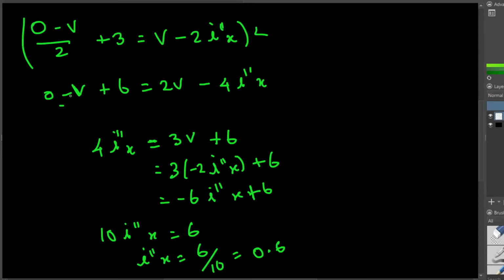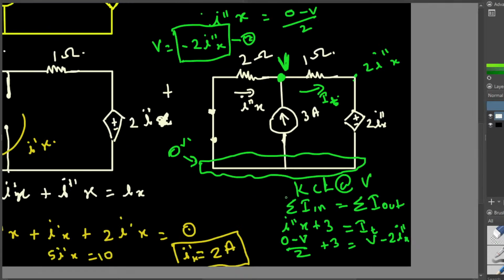Okay, we still have the minus v multiplied by 2, that's 2 gone, 2 in the denominator gone, this became 6, and this became, did we have this before? Yes, v minus 2 I x divided by the resistance in between. That's right.